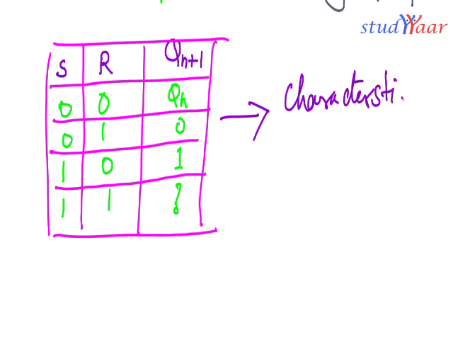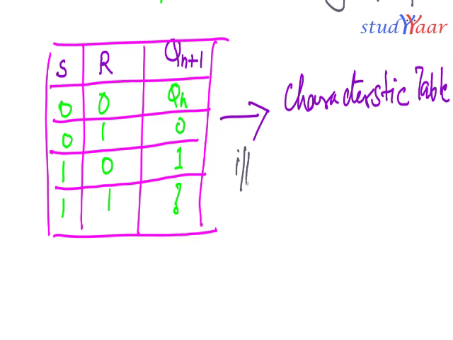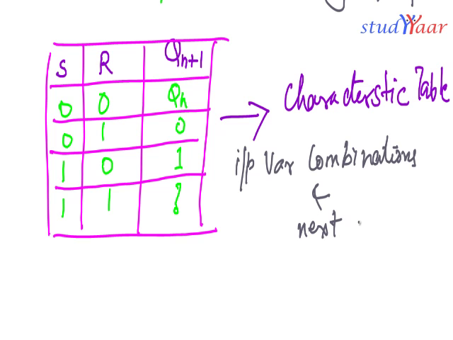It is a combination of input variable combinations and your next state. This is called a characteristic table.